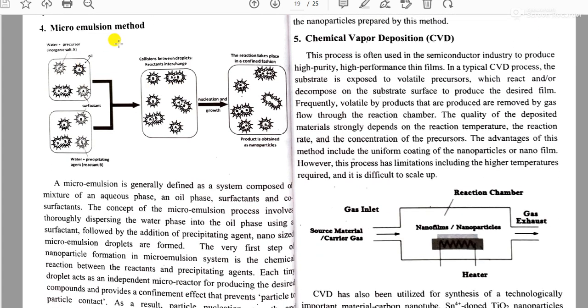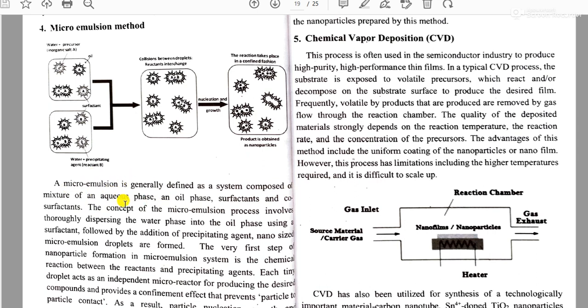So you might have heard about water in oil or oil in water emulsions. Here, a micro emulsion is generally defined as a system composed of a mixture of aqueous phase and oil phase, surfactants and co-surfactants. So these components are present in a micro emulsion.